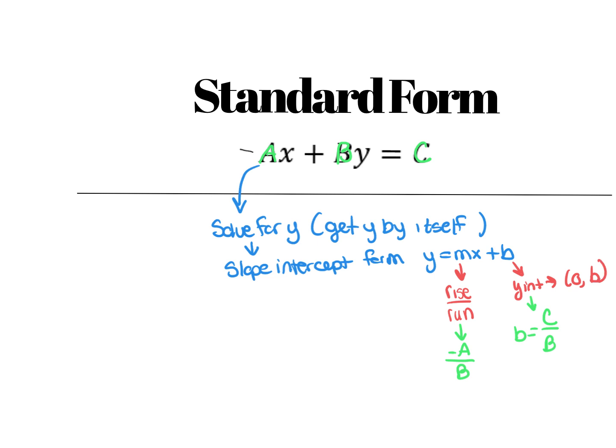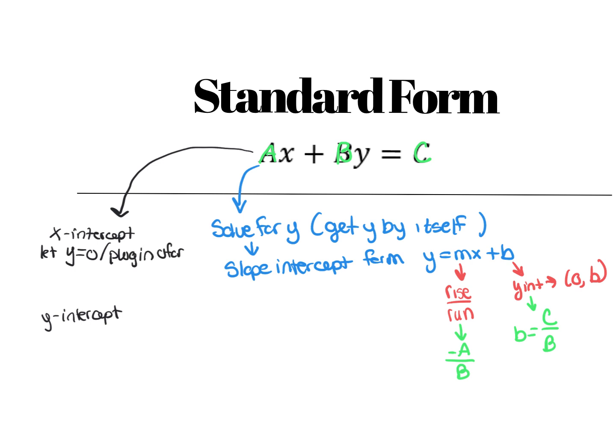The one other way you could deal with standard form is to find the x-intercept and the y-intercept. When you're finding the x-intercept, you're going to let y equal 0, or plug in 0 for y and solve for x.